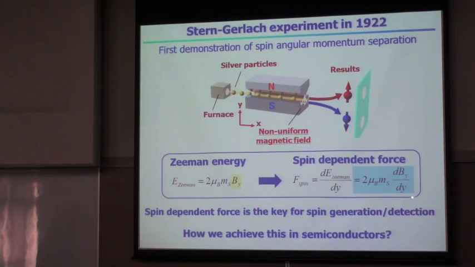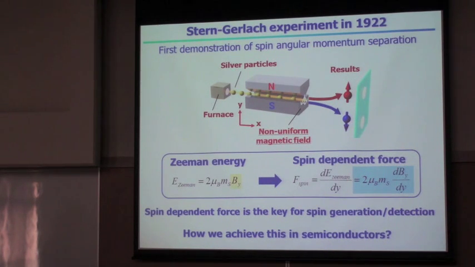Also the spin angular momentum of these silver particles is either +1/2 or -1/2, so the sign is different. So this force acts in the opposite direction on spin up and spin down. That's why we can separate the spin up and the spin down angular momentum by this experiment.